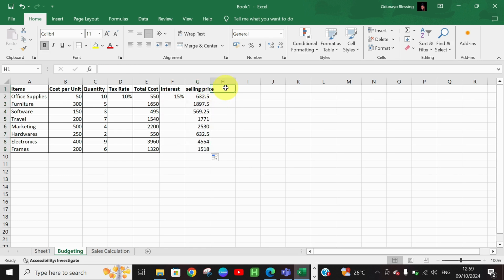To get the total profit rather, the profits that will be made from each of these items, that will just be equality sign of the G2 minus the E2.